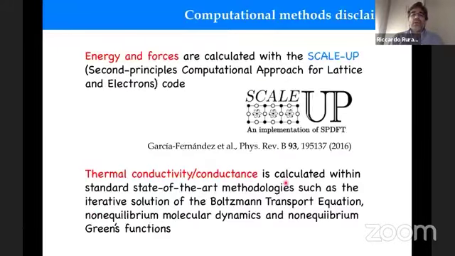This is a technical detail that you would be interested in only if you are really into theory. Just a slide about the kind of code that we use. It's an effective Hamiltonian code, which is parameterized against first principles density functional theory results, and we will use this to perform different kinds of simulations. I will discuss both molecular dynamics results and calculation of the thermal conductivity based on the solution of the phonon Boltzmann transport equation.